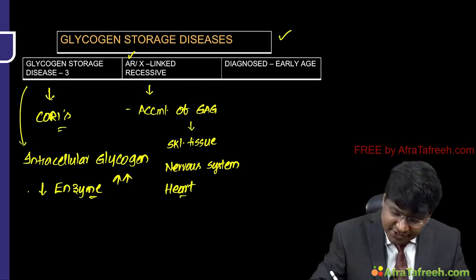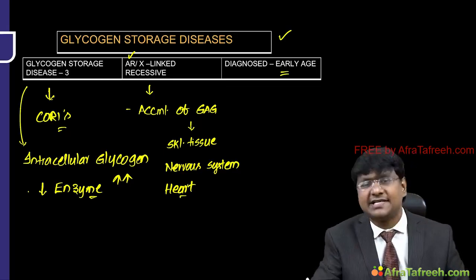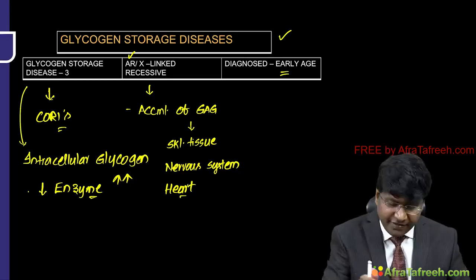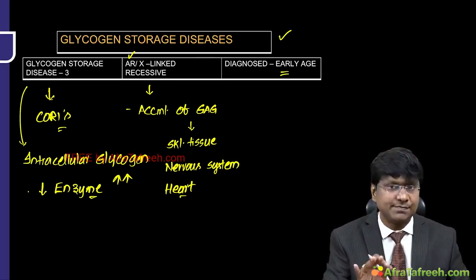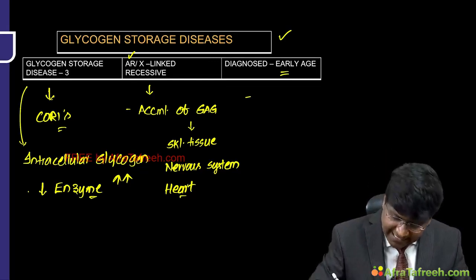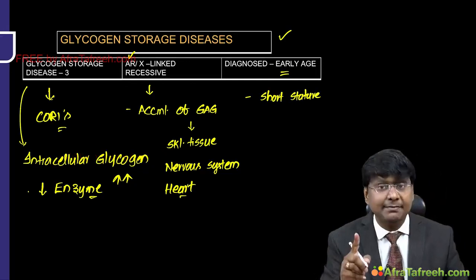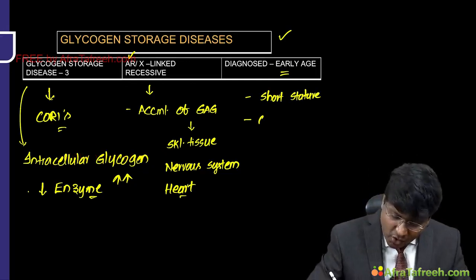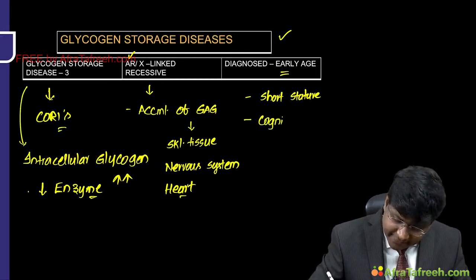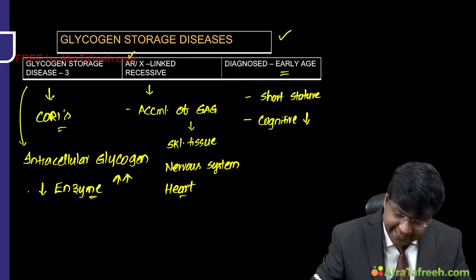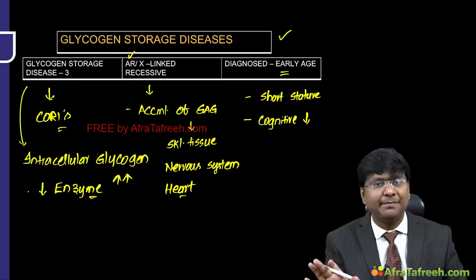Now, these patients are diagnosed in the early stages itself. In childhood itself, we can diagnose these glycogen storage diseases. How? Because they have short stature. Number two, they have frequent cognitive impairment.